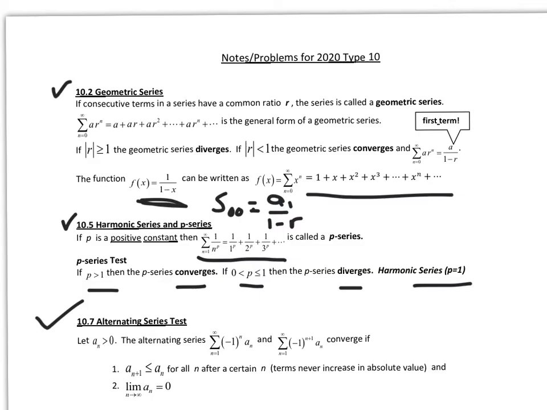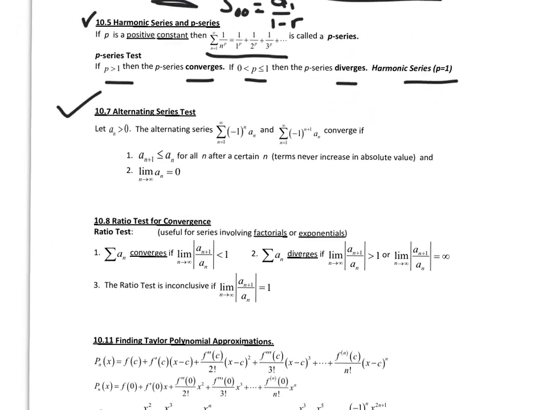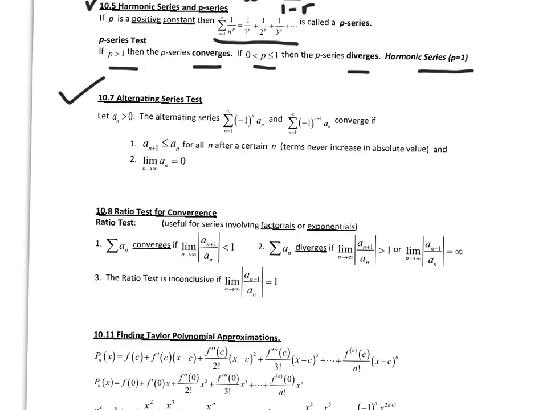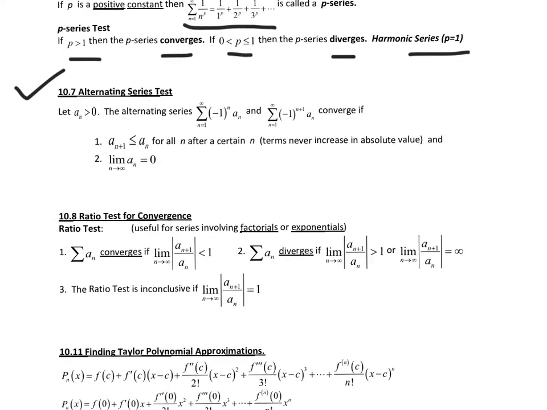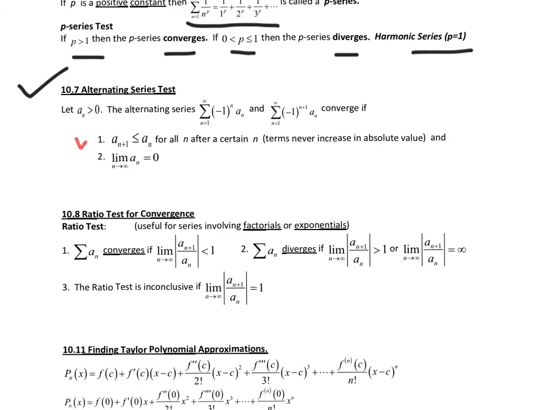And so moving on with this one, alternating series converge under these two cases here. If each successive term gets smaller and smaller, or they never increase really in actuality in absolute value, and the limit as we go on is going to go towards 0.